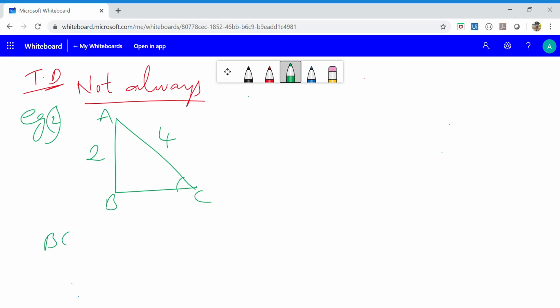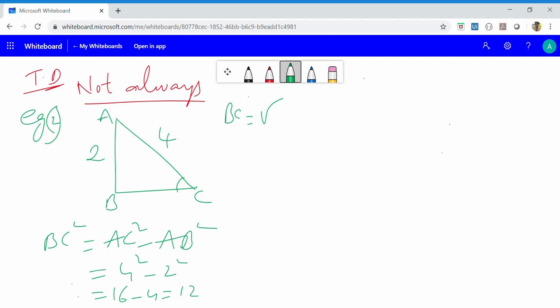So BC square is equal to AC square minus AB square, that is 4 square minus 2 square, 16 minus 4 is 12. BC is root 12, that means 4 into 3, so 2 root 3. So BC side is 2 root 3.